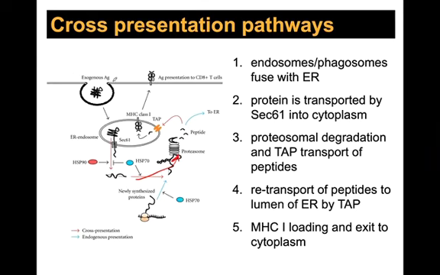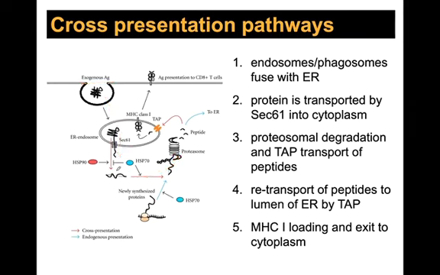And so you're taking exogenous antigen in through the endosomal pathway, you're feeding it into the cytoplasm by this Sec61 protein, which is sort of the reverse TAP. TAP takes stuff from the cytoplasm and puts it into the ER. Sec61 will take stuff from the ER or the endosomes and put it into the cytoplasm.